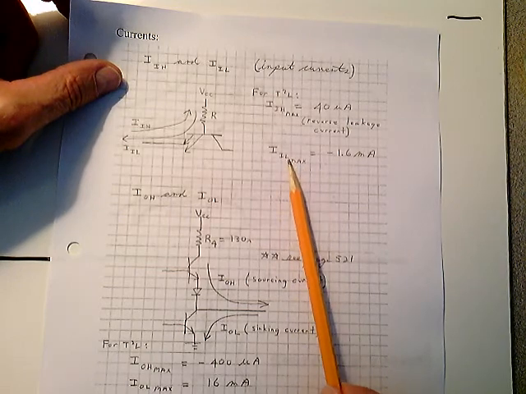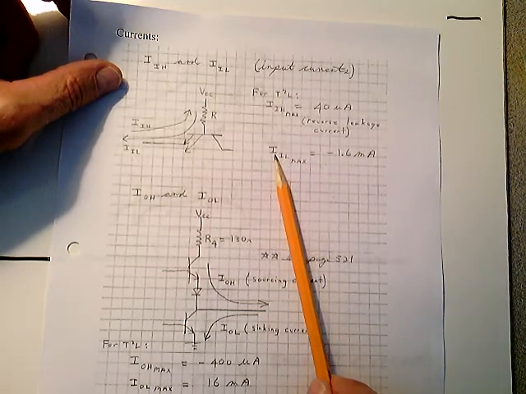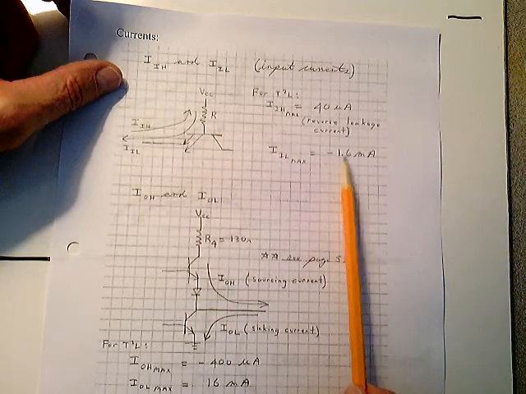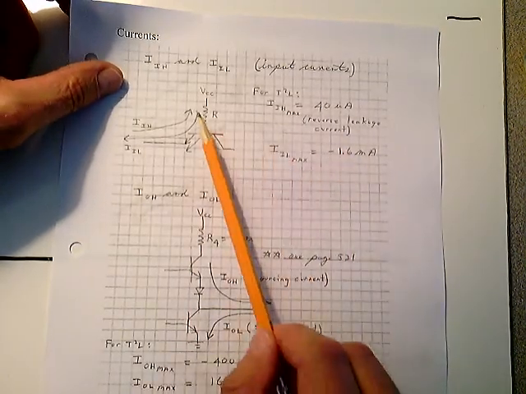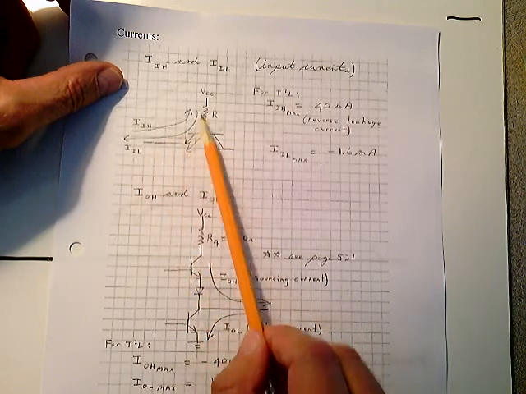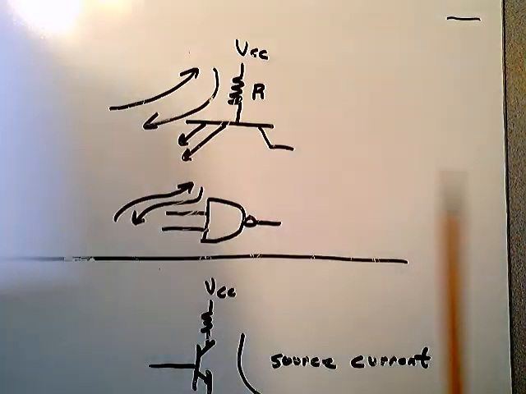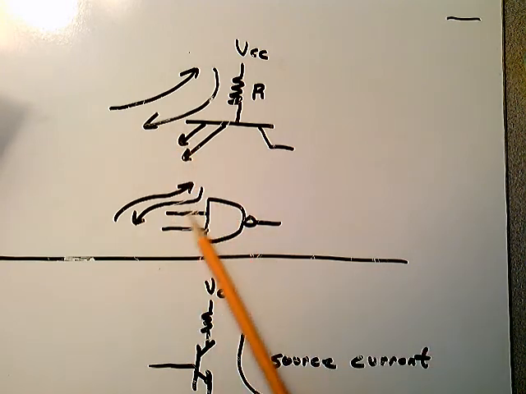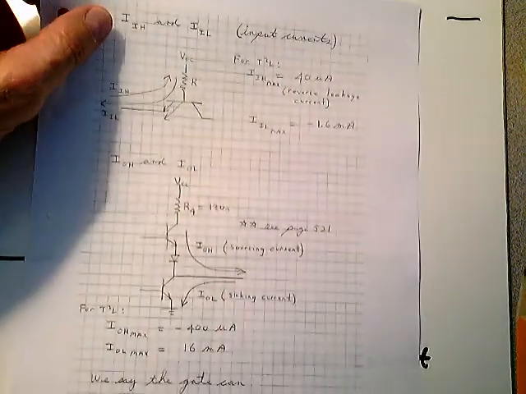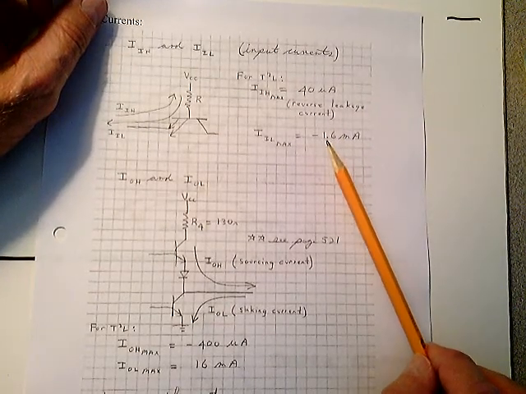IIL max, the low level input current, is minus 1.6 milliamps. It's quite a bit larger. That current flowing from the device, when this state is low, the current coming out of that device is significantly larger. It's 1.6 milliamps.